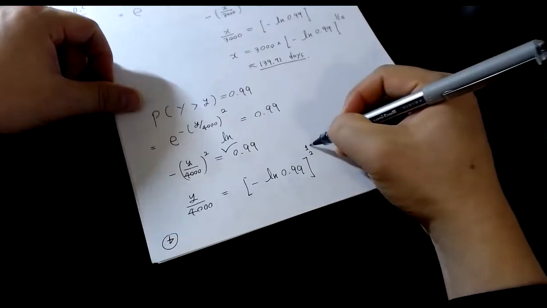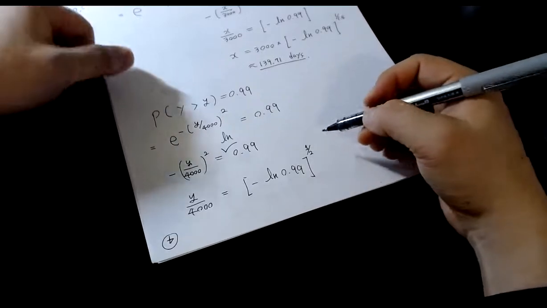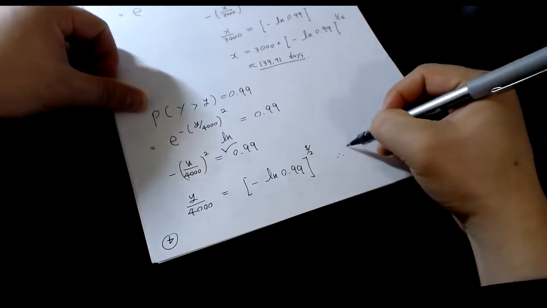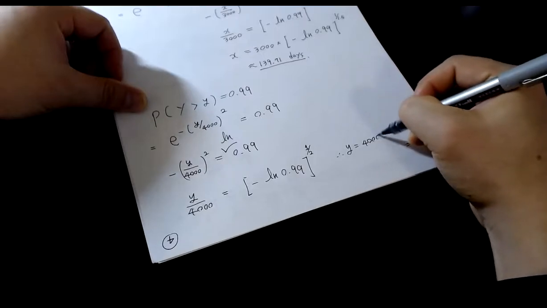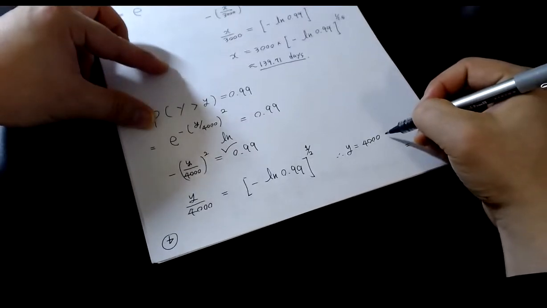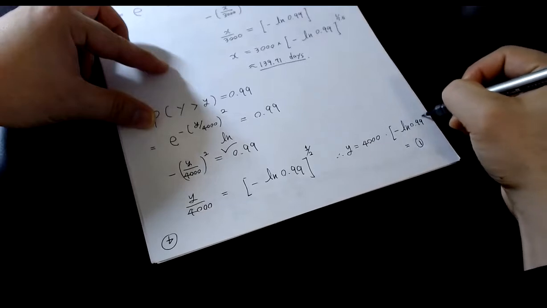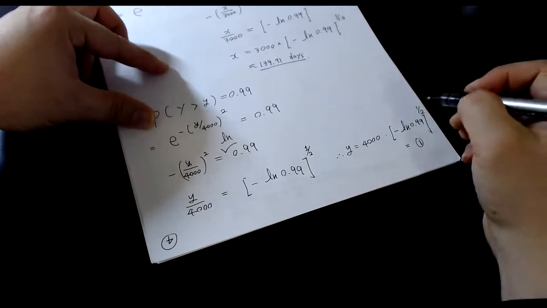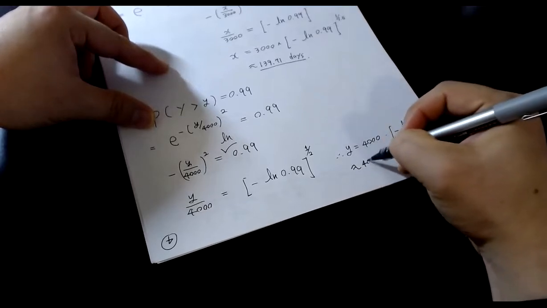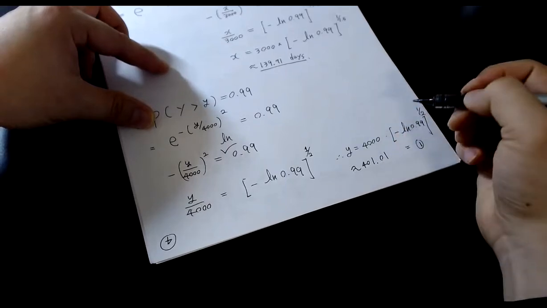So now y over 4000 is equal to negative natural log 0.99 to the power of 1 over 2. So y is 4000 times negative natural log 0.99 to the 1/2, which is approximately 401.01.